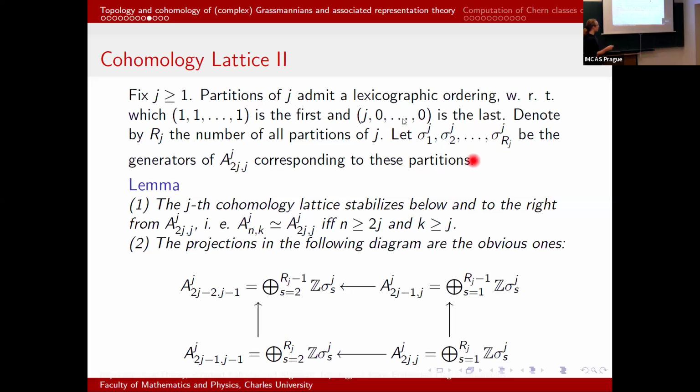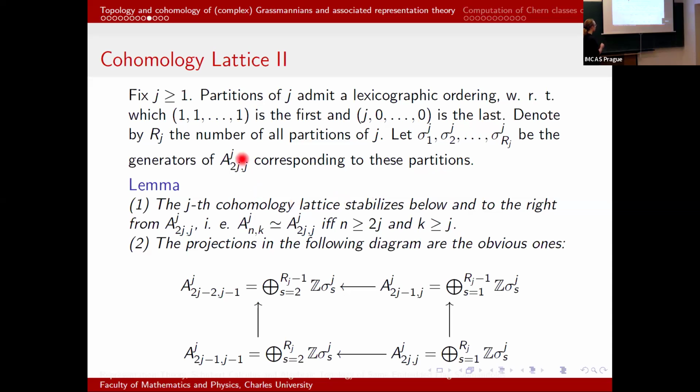So these are the Poincare duals of the partitions, and they are also the generators of the 2J cohomology of the Grassmannian. So there's a technical lemma about the cohomology lattice.